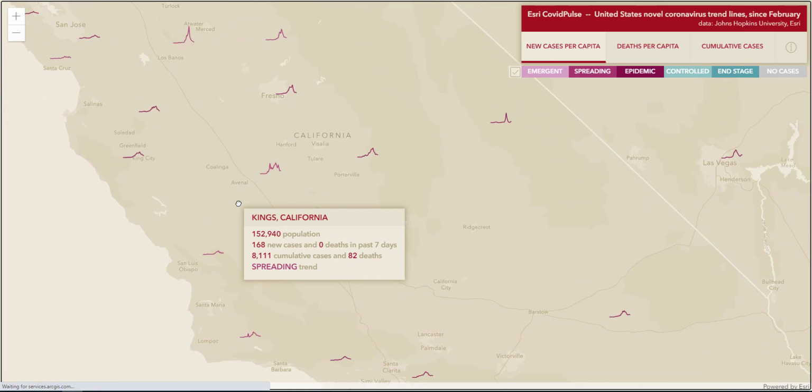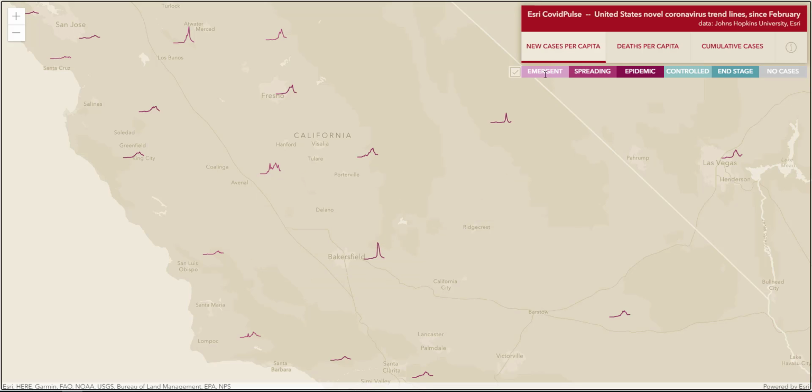While others, here in Kings, California, it's more of a spreading. So it hasn't actually reached epidemic. We can see here emergent, so just the early stages of the outbreak, into spreading, into what we would say is an epidemic, and then as it starts to go through controlled stages and end stages, and then no cases.